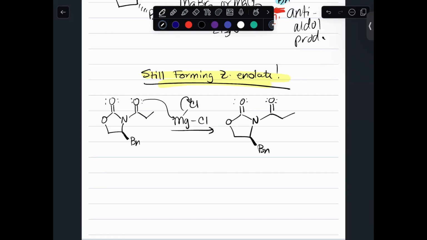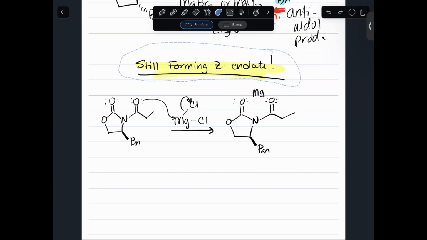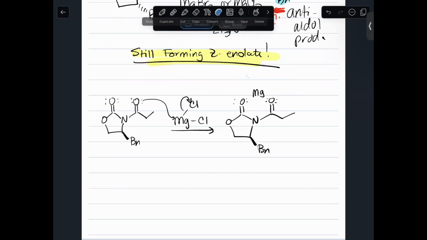Now, the beauty of it is that the magnesium is not only complexing to the carbonyl oxygen, but it starts complexing to the neighboring carbonyl oxygen, the oxygen that's on the oxazolidinone. This doesn't seem to happen when you use a boron Lewis acid, okay?